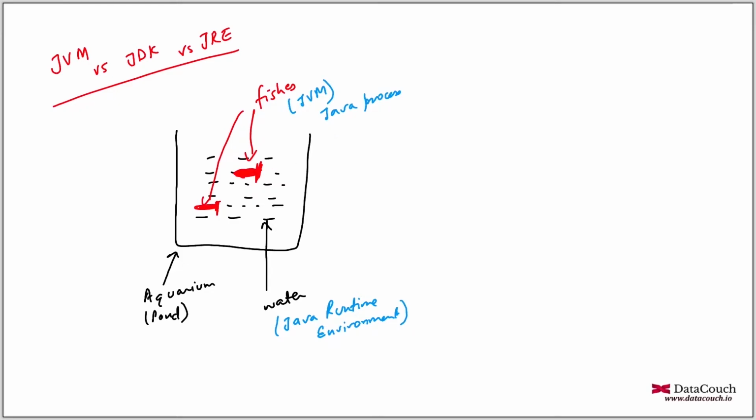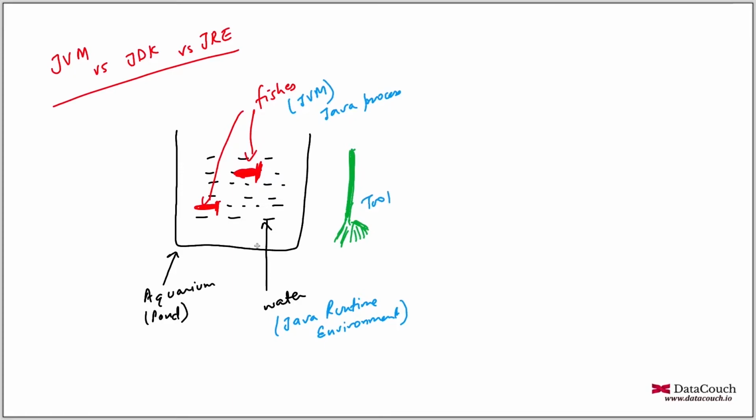So JDK, let's say for cleaning this pond, we have these tools. So this tool is, let's say, a brush for cleansing it. If you want to clean this tank or the pond, you have this brush or broom. So this is like an additional tool.